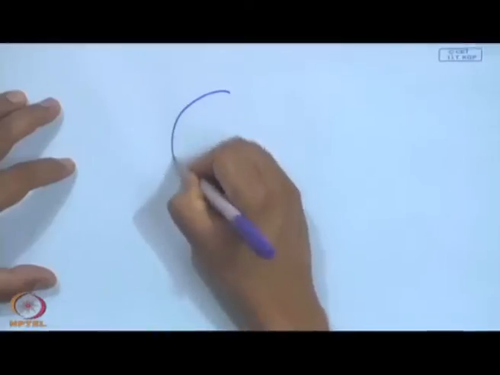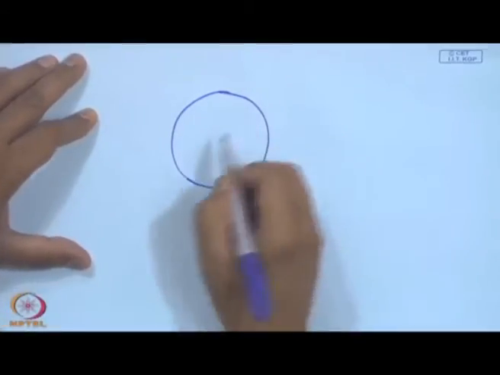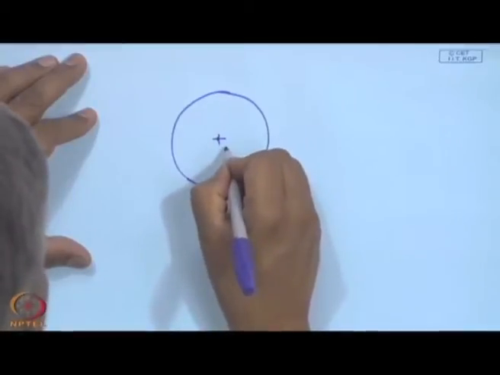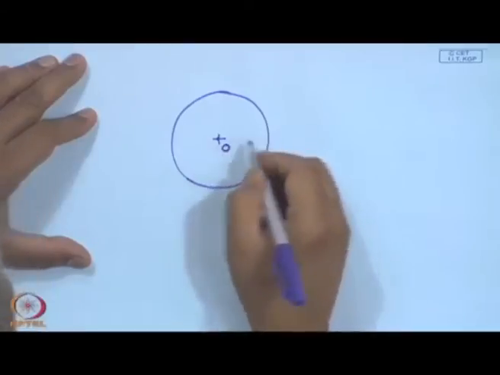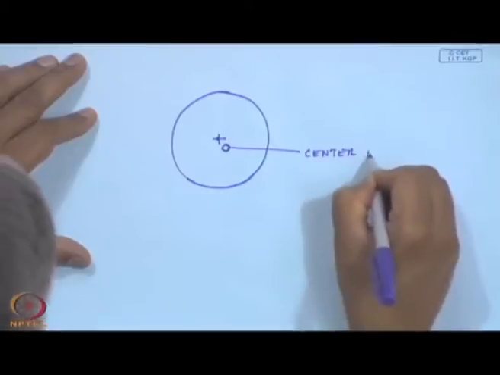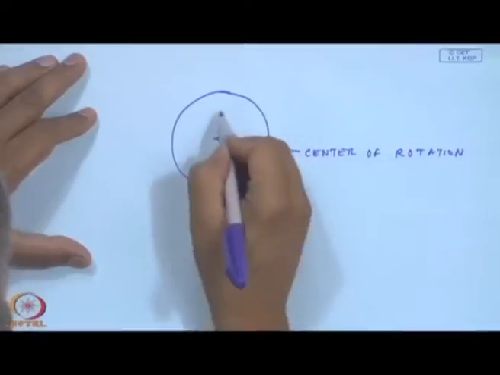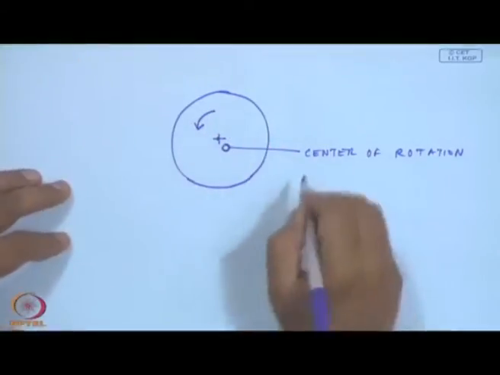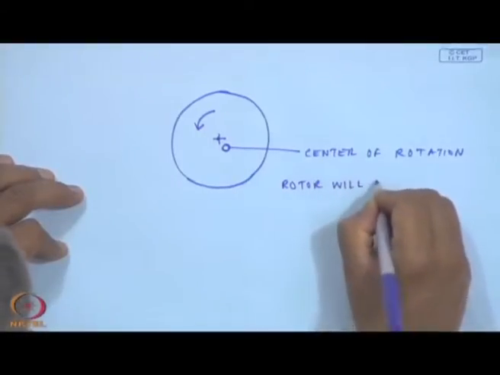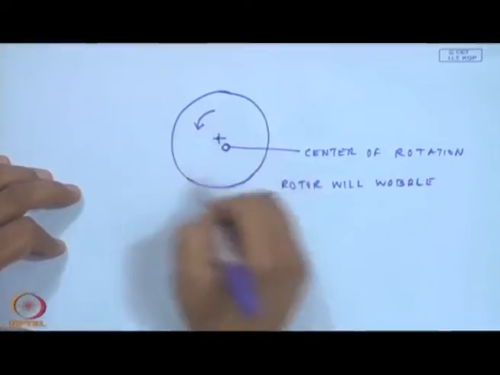I have a large disc. This is my center of mass, but I am rotating it about the hole that has been made here, and this is my center of rotation. So, you can understand the rotor is going to wobble and make an ellipse-like thing.